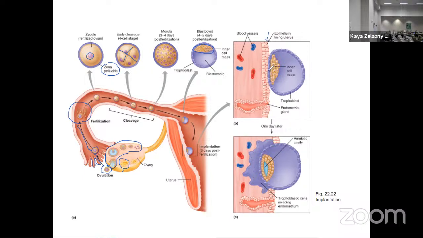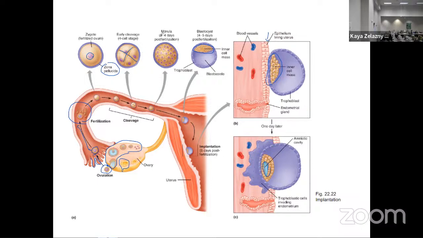We can see those cells that have clumped up are kind of nearest that uterine wall. You can see that they're next to a little gland here. Okay. And we can see that that is then starting to kind of grow into the wall of the uterus. It's starting to form an amniotic cavity, and these structures will develop and continue throughout pregnancy, essentially.